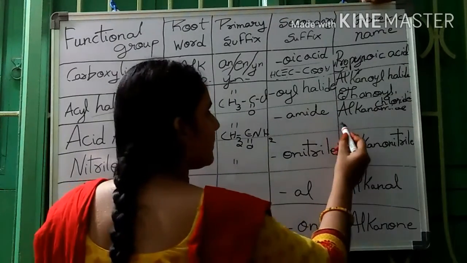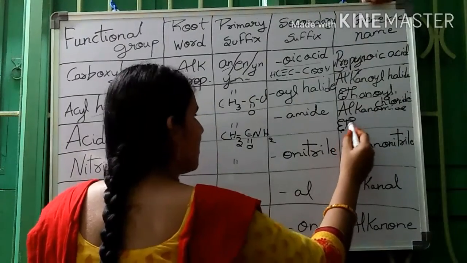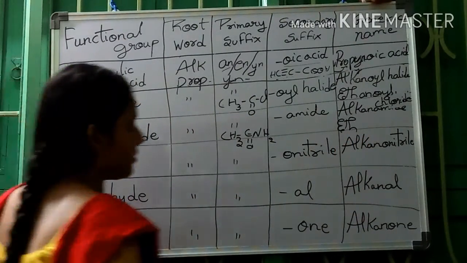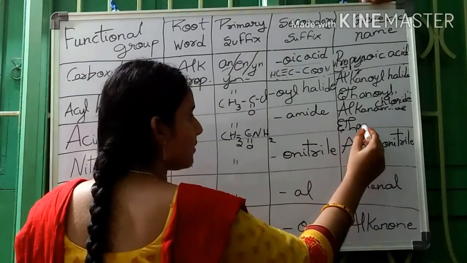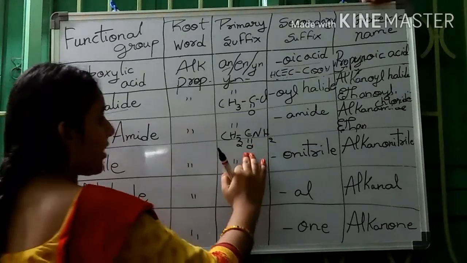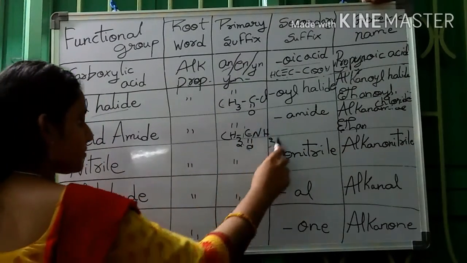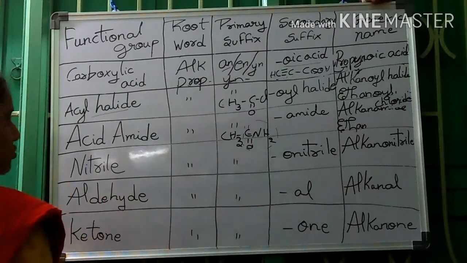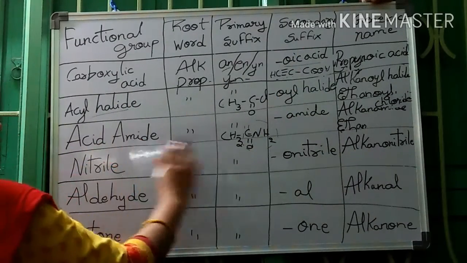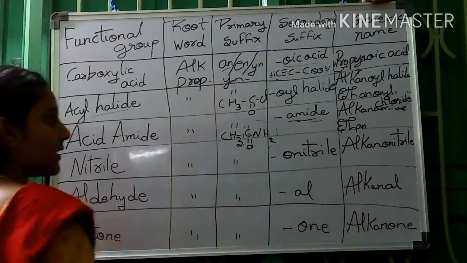So there is no double bond between carbons or triple bond between carbons. So it belongs to alkane. Ethane. The functional group present is amide, CONH2. So the secondary suffix for acid amide is amide.